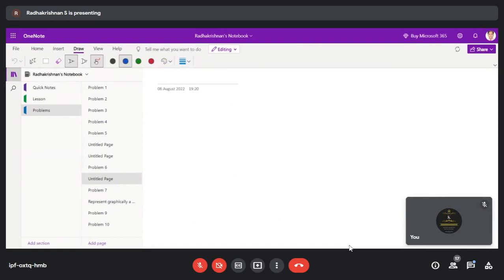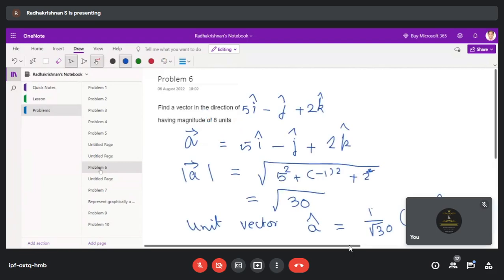So that will become 8 by root 30 into (5i cap minus j cap plus 2k cap).